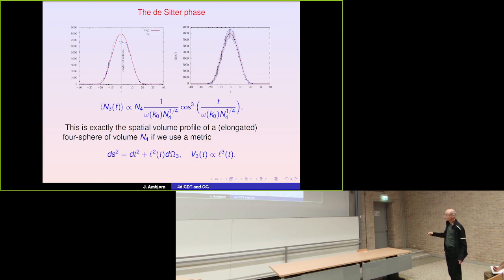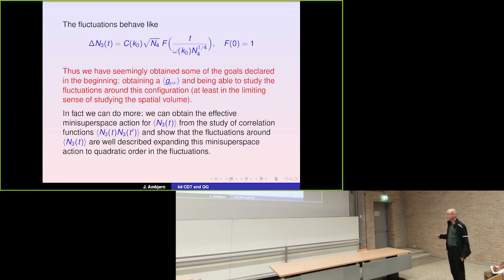If I were drawing a cosine cubed curve here, you would not see the difference from the red curve. And this is exactly the spatial volume profile for a four-sphere, if you use this metric here. So this is why we say that four-dimensional de Sitter-like space emerges.